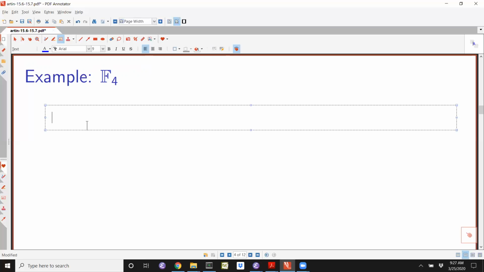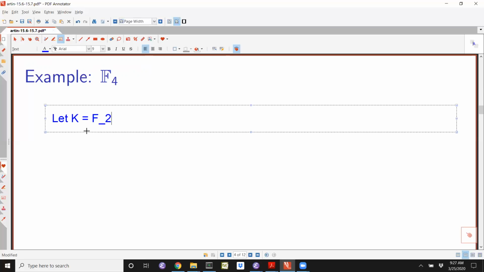So example. Let K be F2, the field of order 2. I want to take polynomials with coefficients in the field of order 2, and mod out by x squared plus x plus 1.